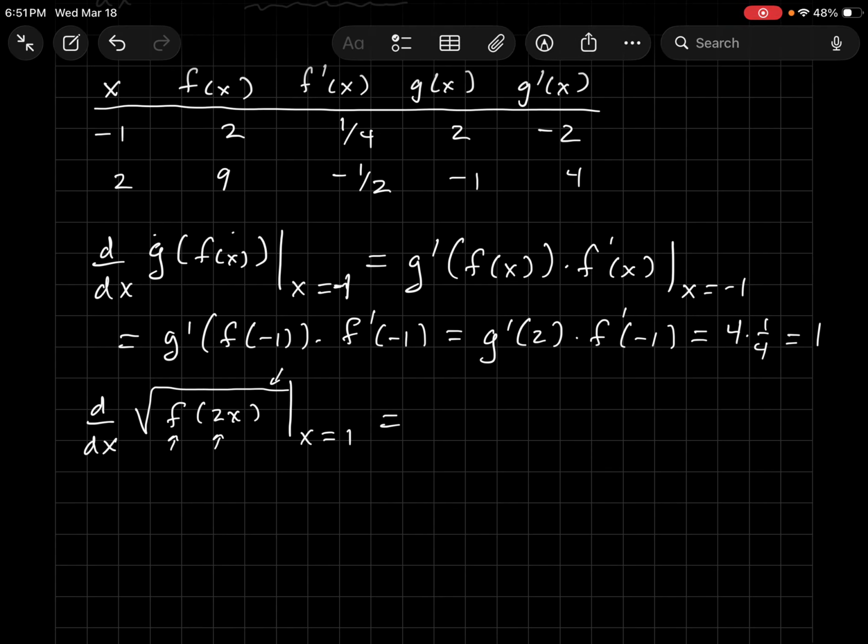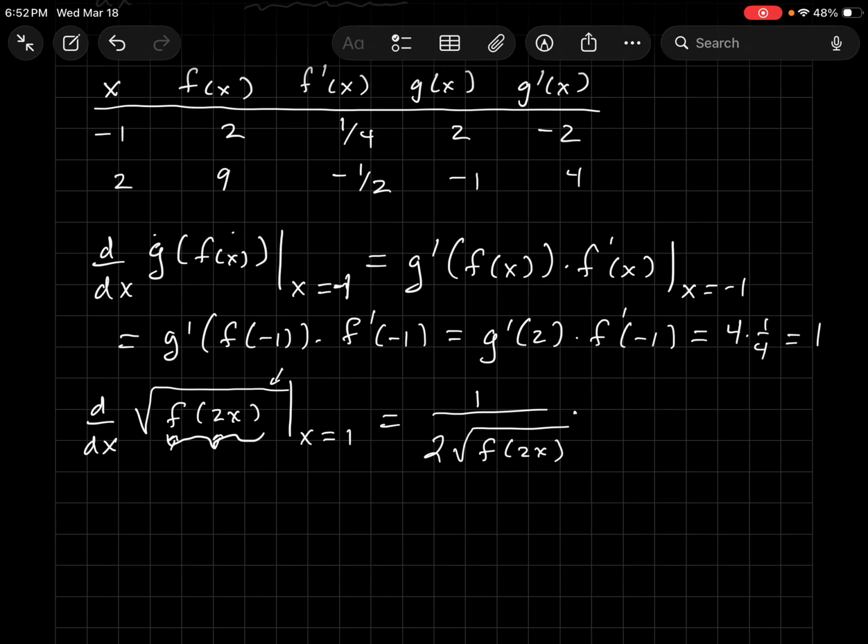So how do I find the derivative of a square root? I'm going to do the shortcut I like, which is 1 over 2 times the square root of that thing. That's basically taking the derivative of the outside part, leaving the inside part alone, times the derivative of the inside part. Where the inside part I'm referring to now is f of, or f at 2x.